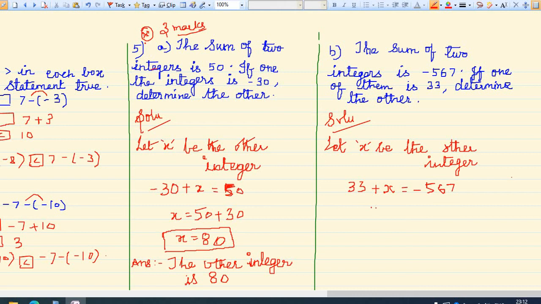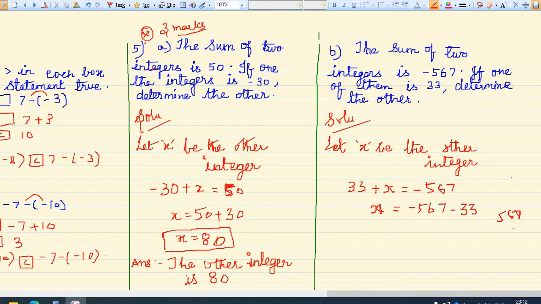Now listen children, x is equal to minus 567. This plus 33, when it moves to the other side, it become what? Minus 33. Just you add this in the rough column. 567, because my sign are what?